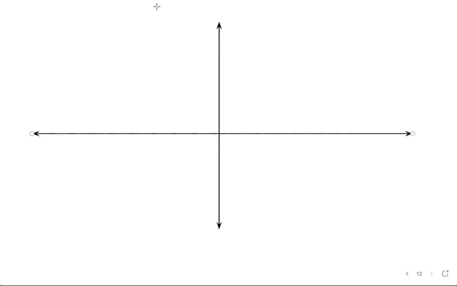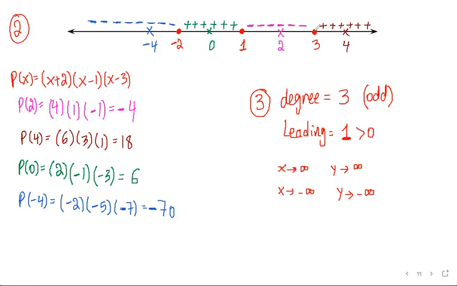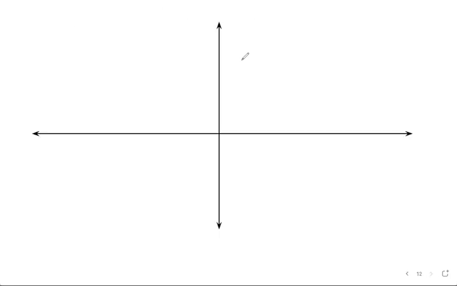To graph that, first of all, we have to put these points: -2, 1, and 3.